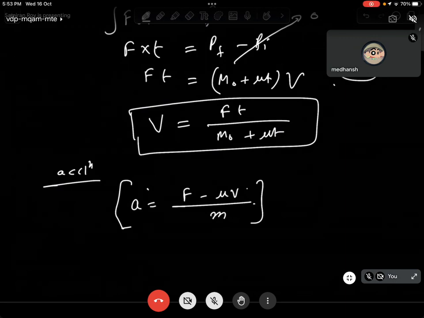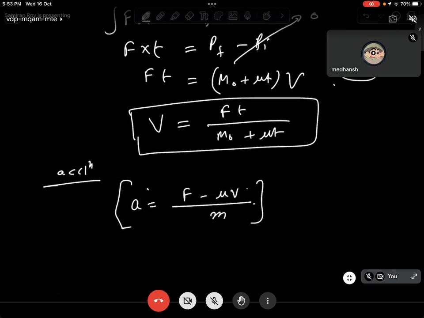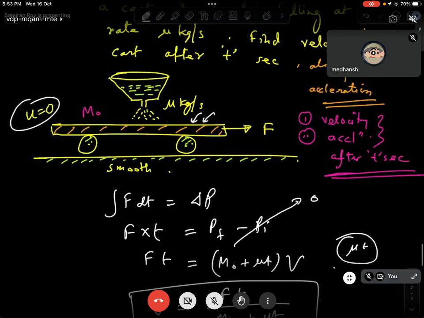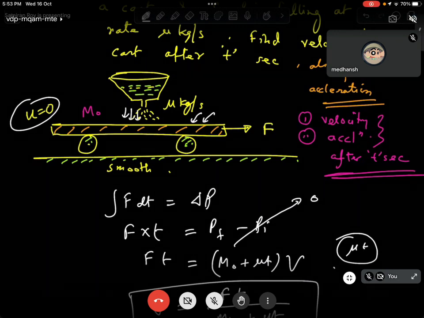See, when mass is falling on the cart, so this mass, if I am taking with some velocity v, I have to give some force or not? Yes or no? I have to apply some force.